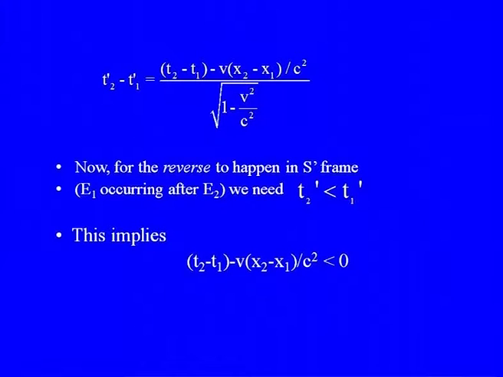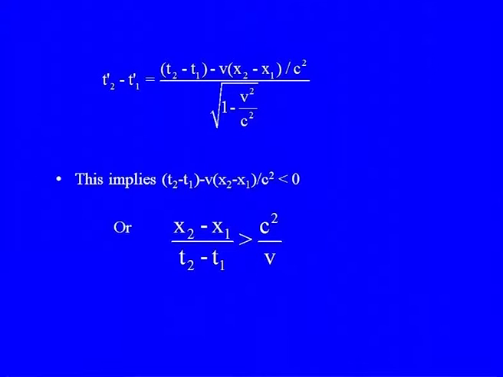That means the numerator, t2 minus t1 minus v into (x2 minus x1) divided by c square, has to be negative. That is obvious, since the denominator is positive. If that is so, we would require (x2 minus x1) divided by (t2 minus t1) to be greater than c square by v.